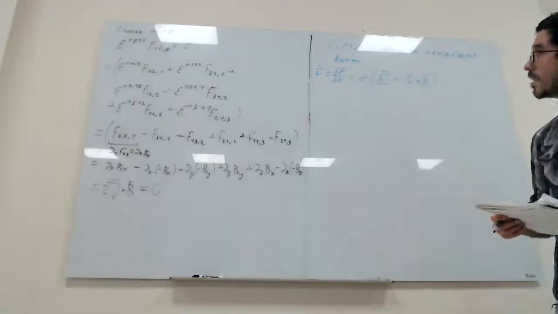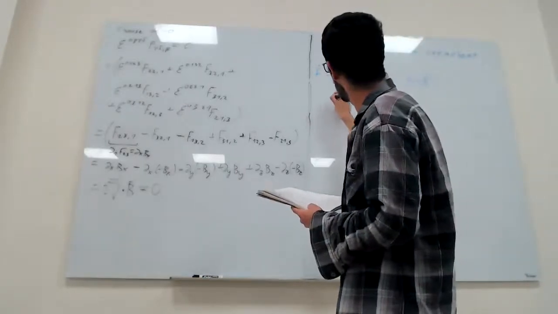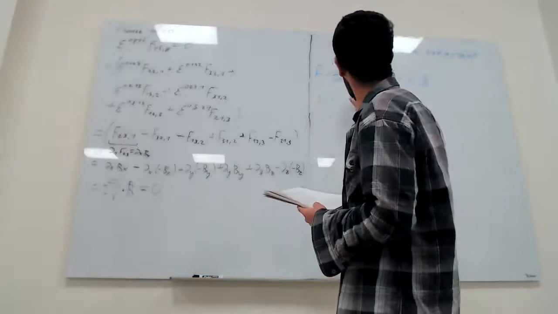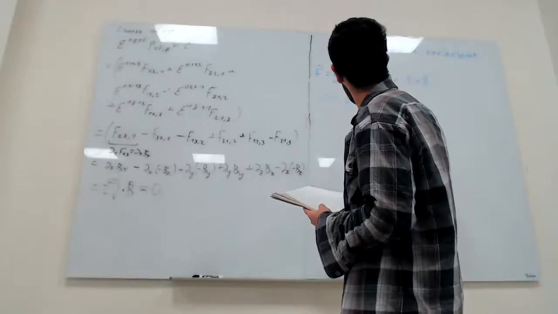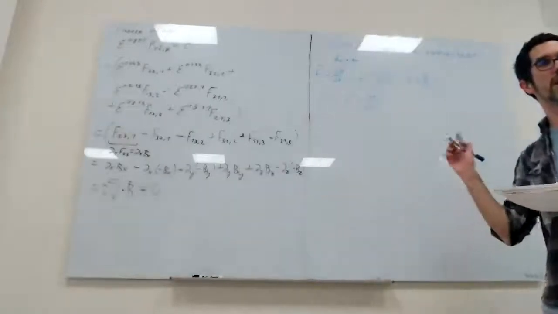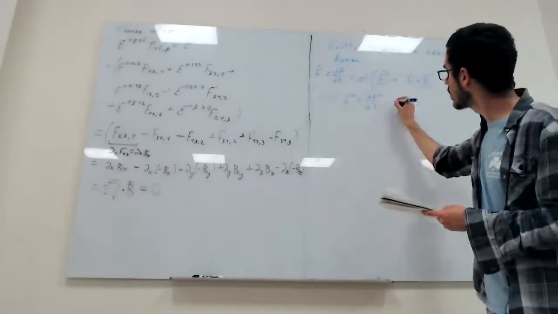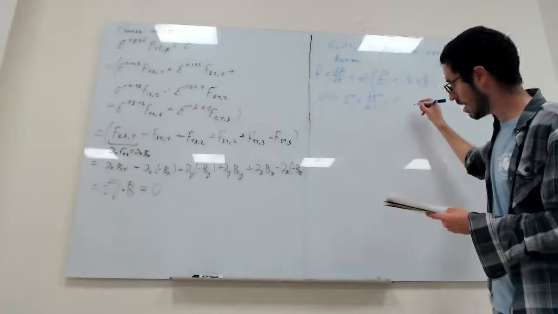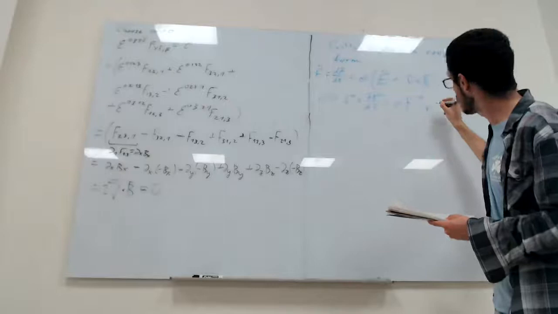Yes. Okay. The covariant form is F alpha, which is defined to be dp alpha over d tau, the proper time, equals q F alpha gamma U gamma.